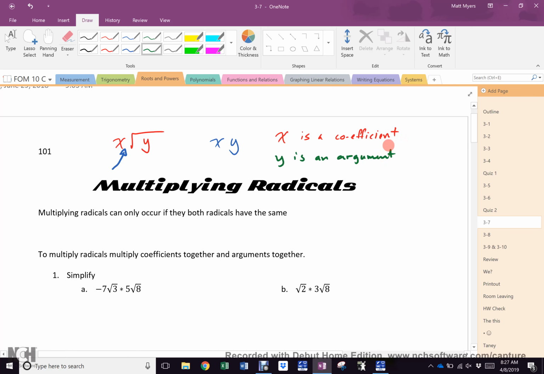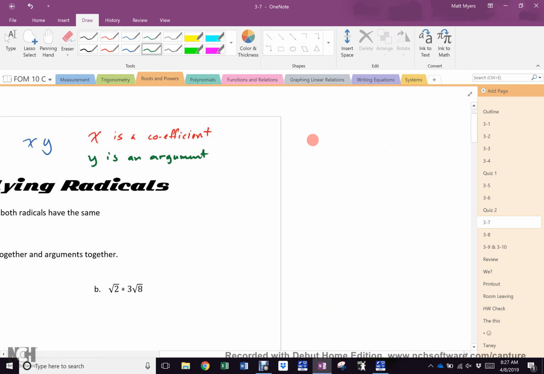Now, what if I gave you this? 2 times 4x. Don't write that down. What do I have there? That's from the 9th grade. We're going to be reviewing that in the next unit before we go on to the grade 10 level of polynomials.